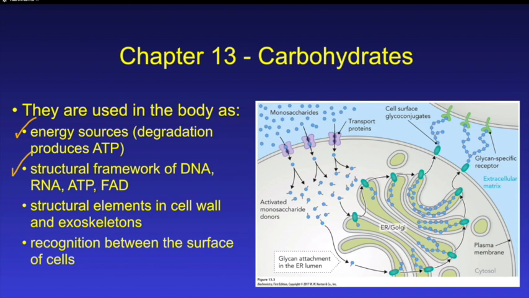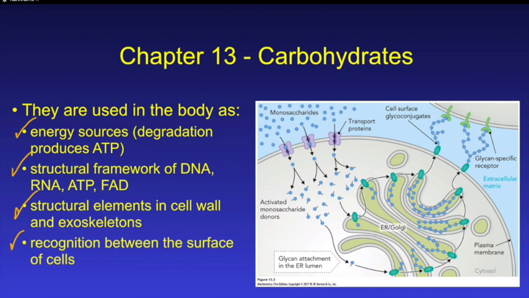Also, we have sugars that are incorporated as part of cell walls and exoskeletons. They can be very structural in nature, giving the integrity and strength needed for structure. And lastly, there's a whole class of use of sugars to create information.